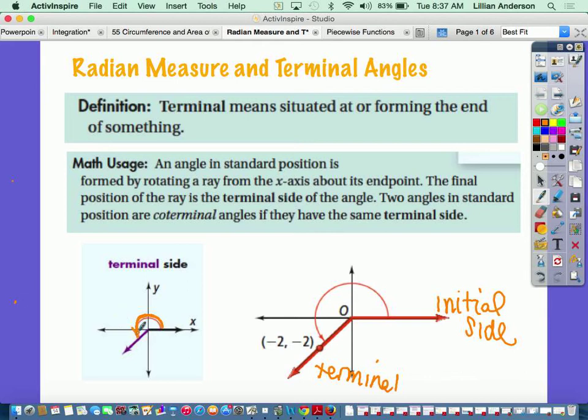If I rotate this way, how many degrees would you think that is? Using a little bit of logic, if I rotated it up to the positive y-axis, how far have I rotated it? 90 degrees.